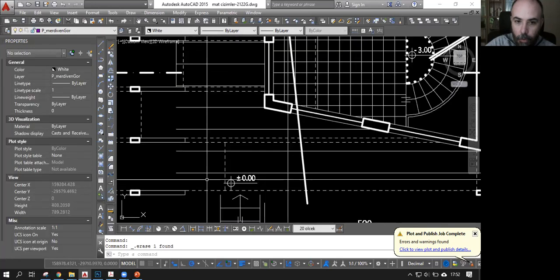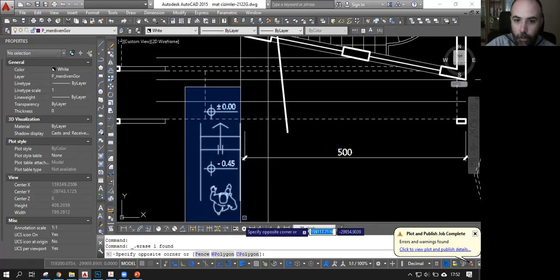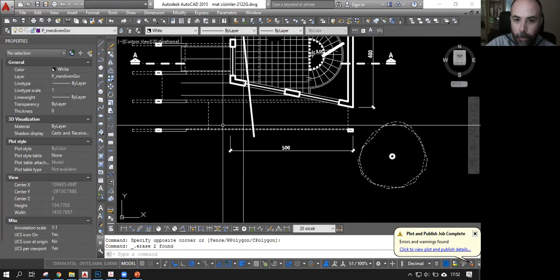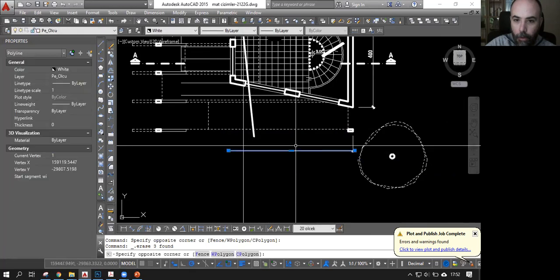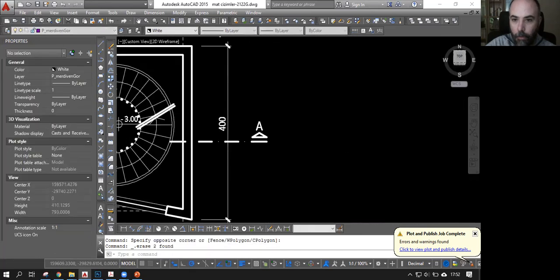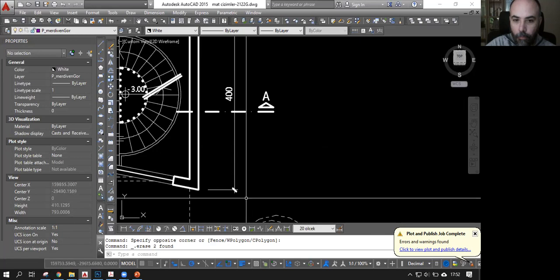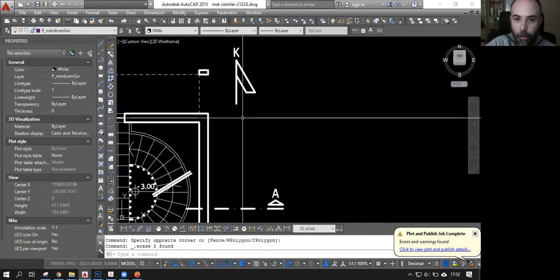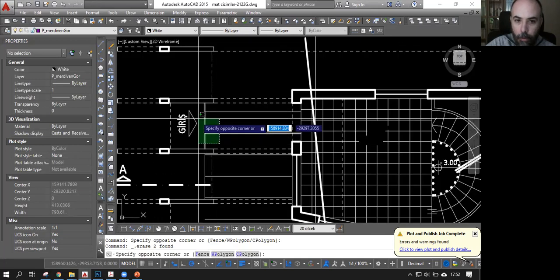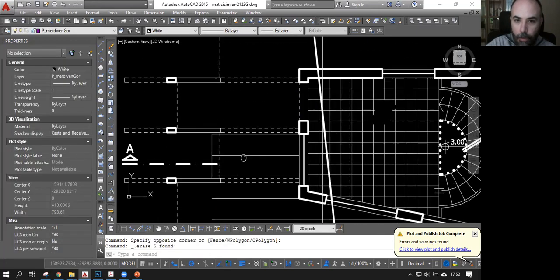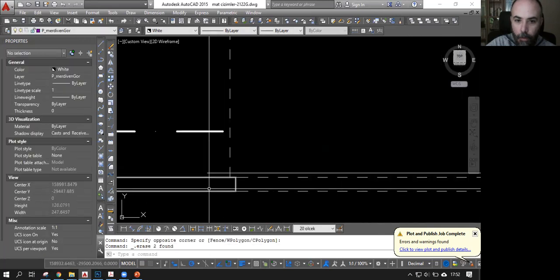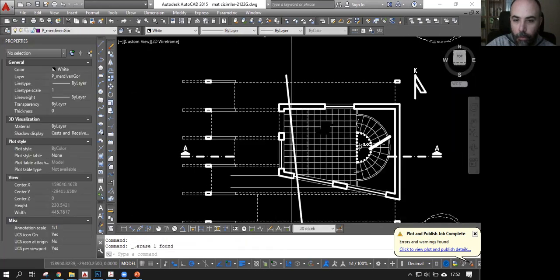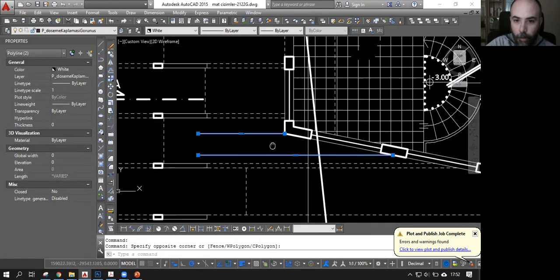I showed it. I don't need to repeat that. And I can get rid of this dimension line now, and that one as well. And I should get rid of these signs too, because they were on the ground floor. I don't need to repeat them anymore.